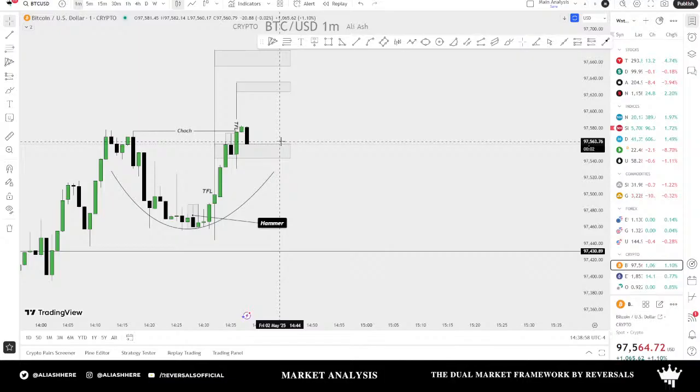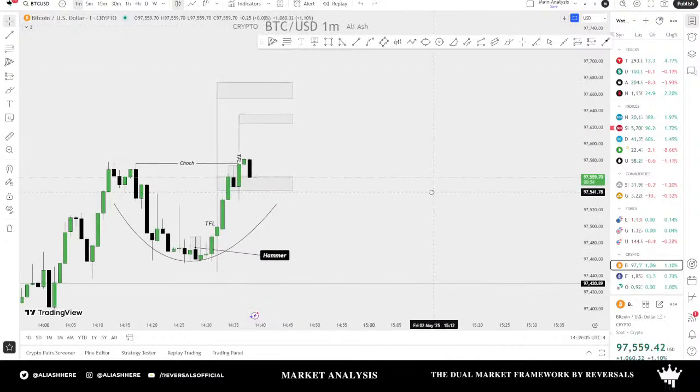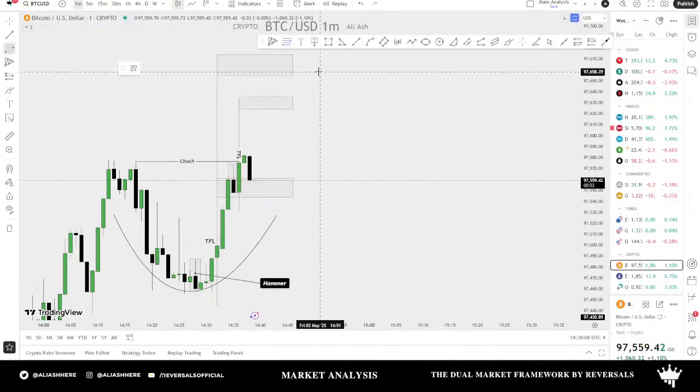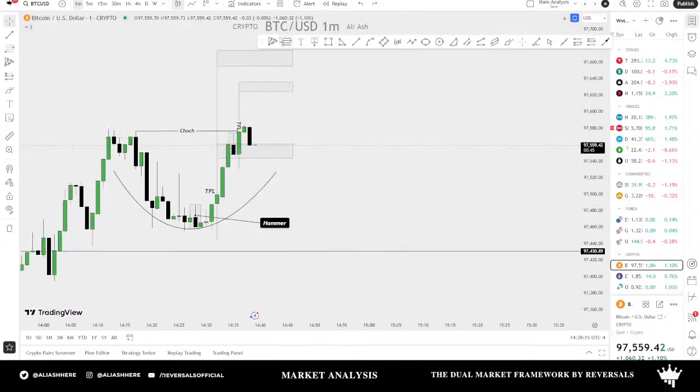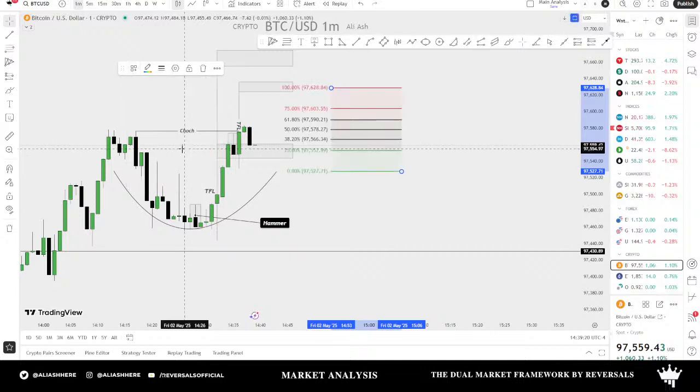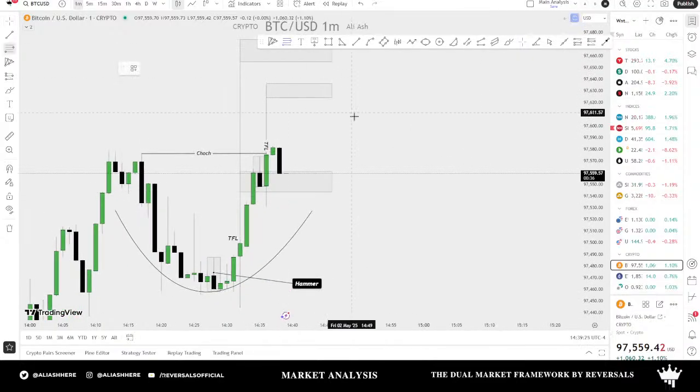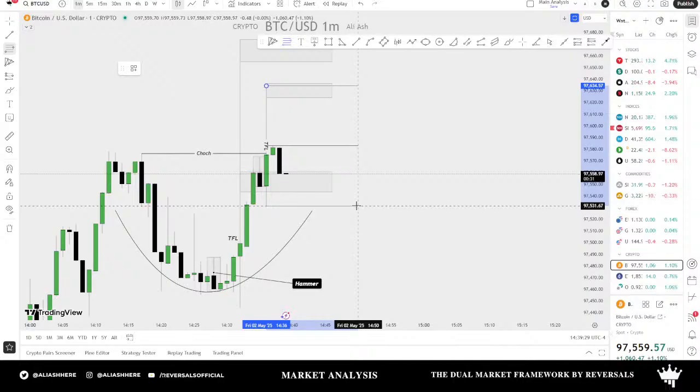It's retesting this, and rejecting at the central zone of this event.